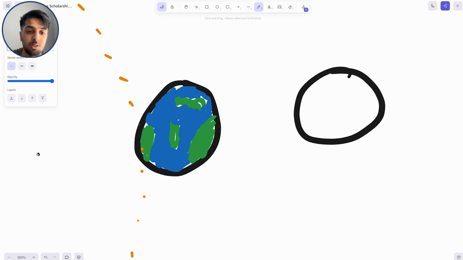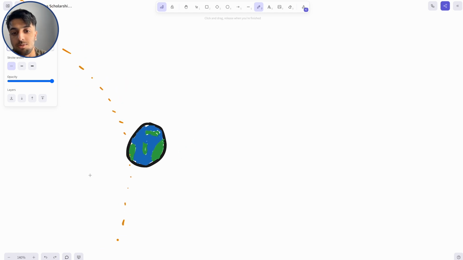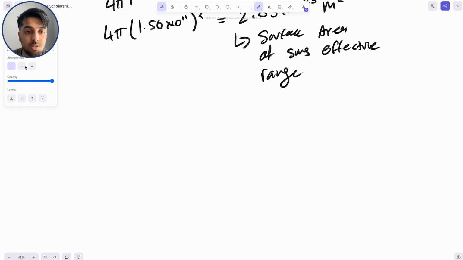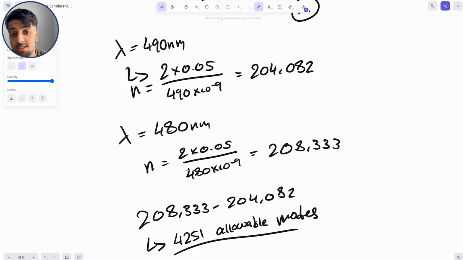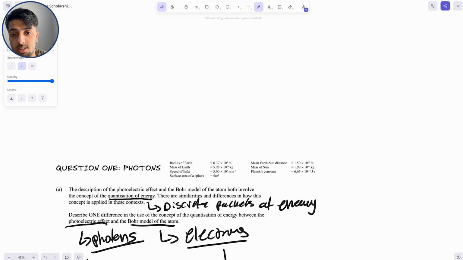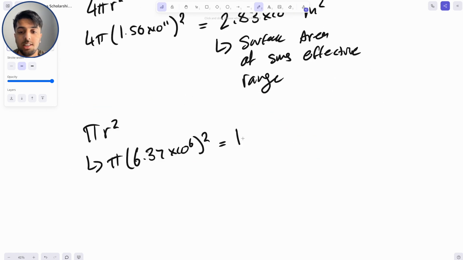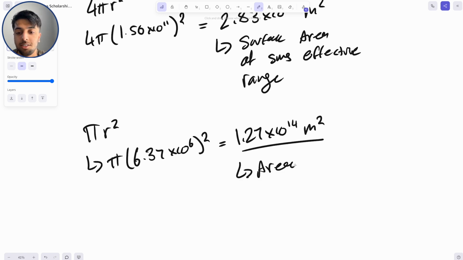If you imagine we are looking from this point of view. And so the area of a circle is just pi r squared. So we have pi, and our radius is the radius of the Earth, which is 6.37 times 10 to the 6, and that's squared, and that's equal to 1.27 times 10 to the 14 meters squared. And that's the area facing the Sun.